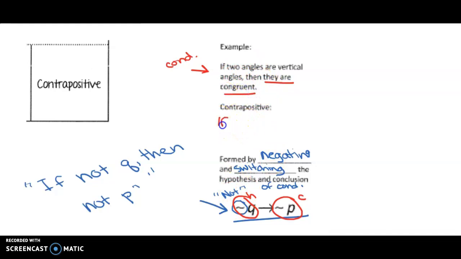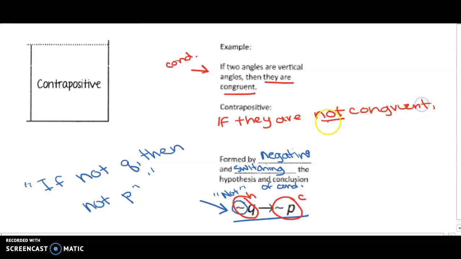So if they are, don't forget, not congruent, then, and don't forget, we're negating this, two angles are not vertical angles.